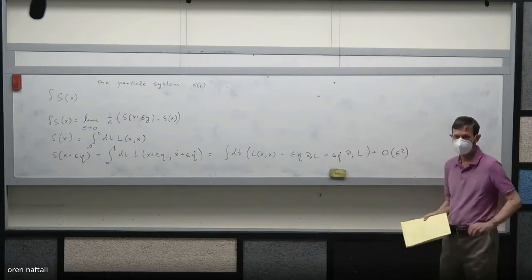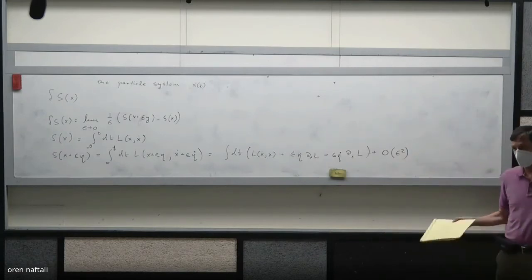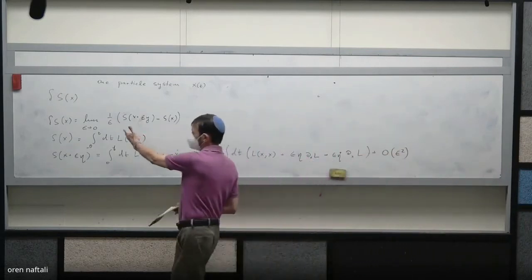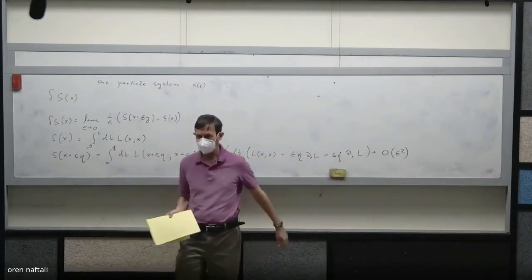Everything else is a power of epsilon squared. I don't care about it, because epsilon is going to 0 and I'm keeping only the first order.